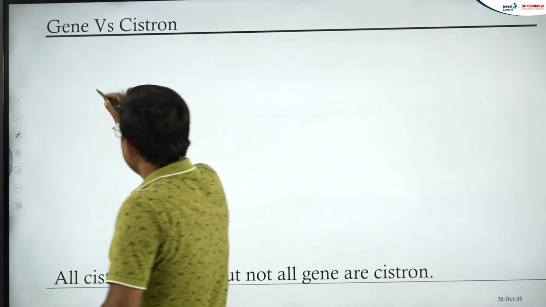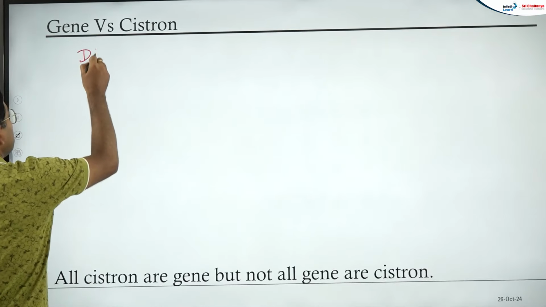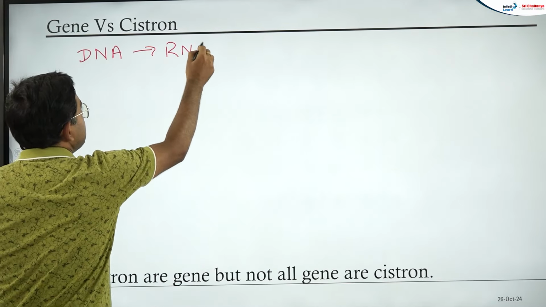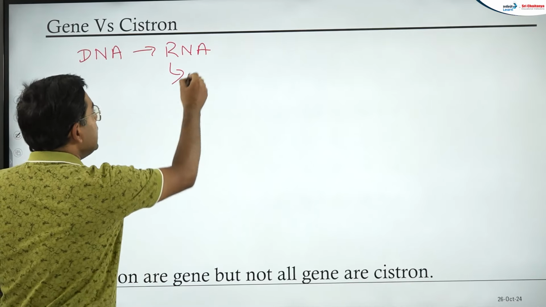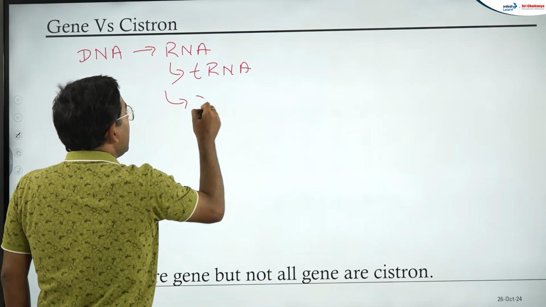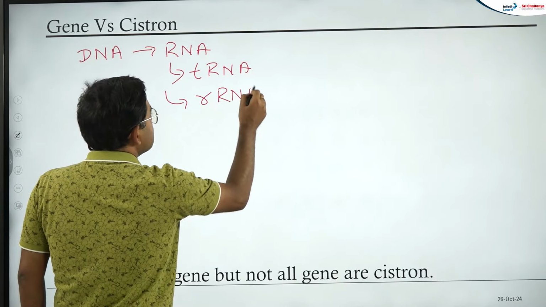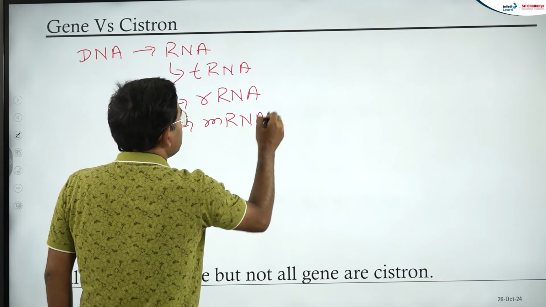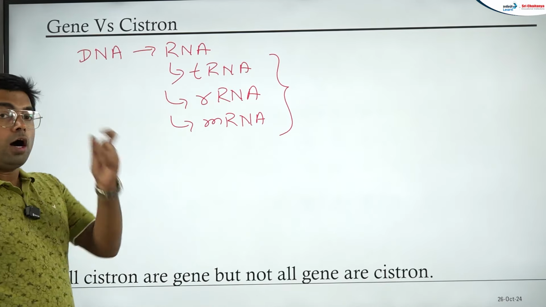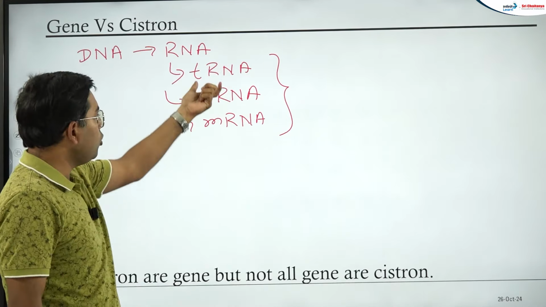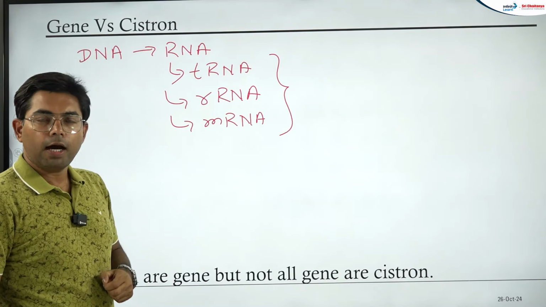See, DNA can form RNA, but this RNA can be tRNA, rRNA, or mRNA. These are the three types of RNA, right? So a gene is the segment of DNA which can form all these three types of RNA.